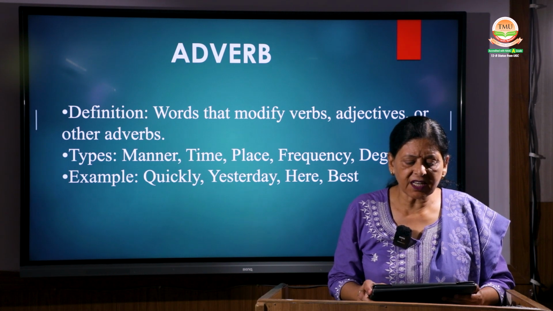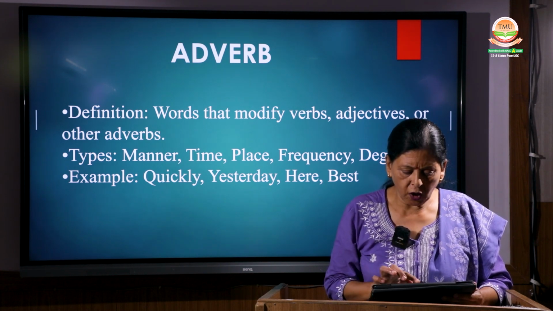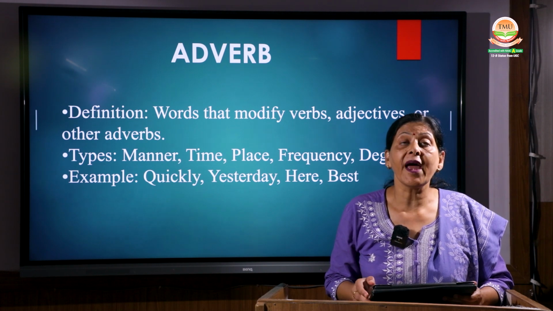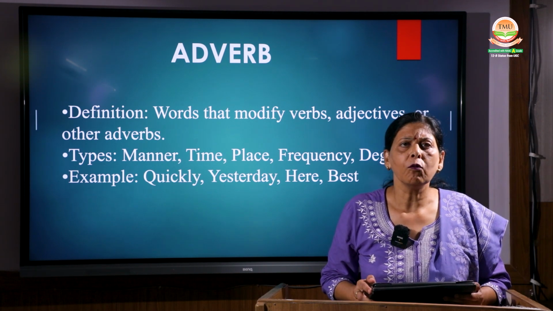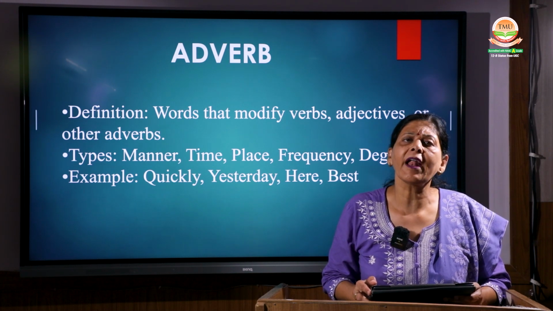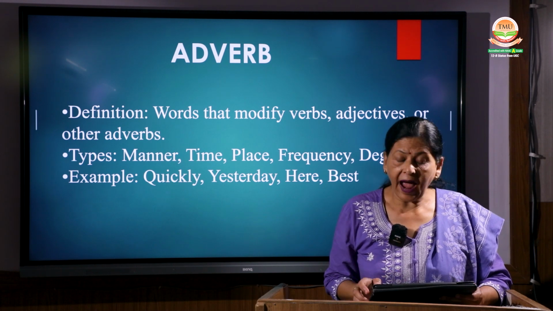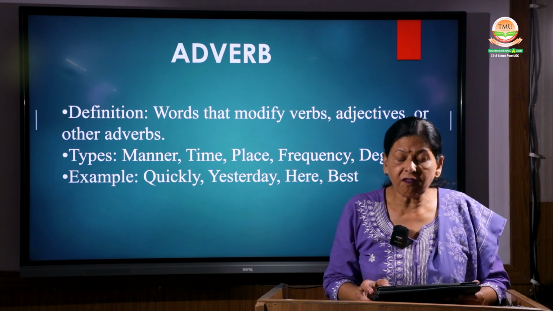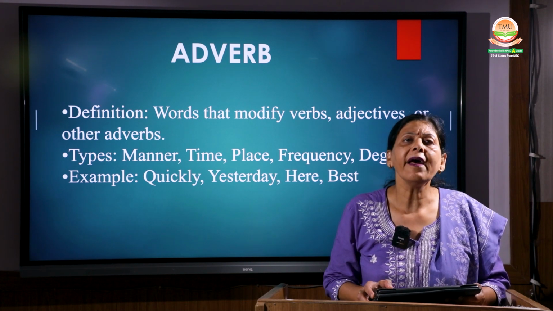After the proper adjectives, our next category is adverbs. Next we are going to talk about the adverb. As the word reflects, an adverb is something that adds to the meaning of a verb. Words that modify the meaning of a verb are called adverbs.